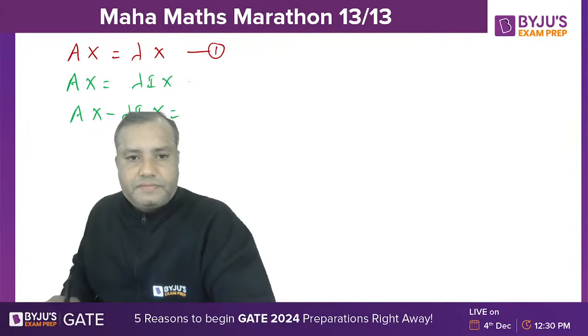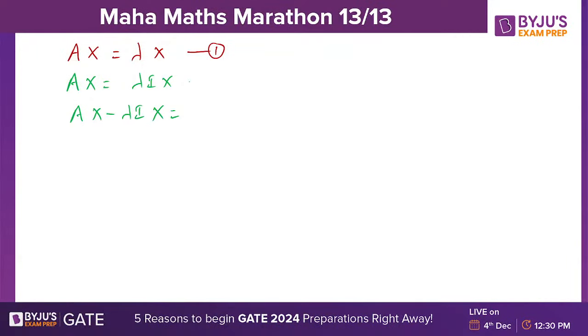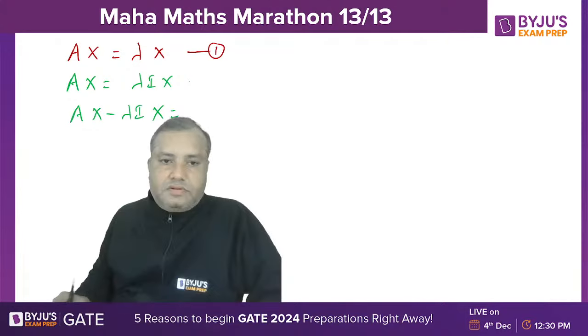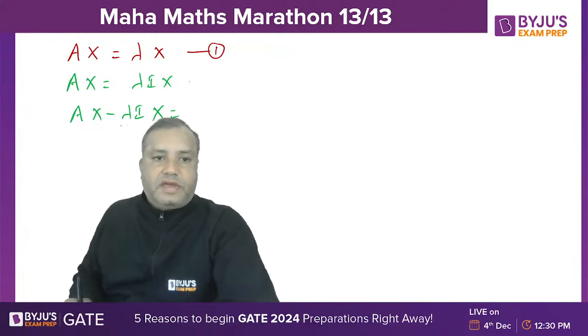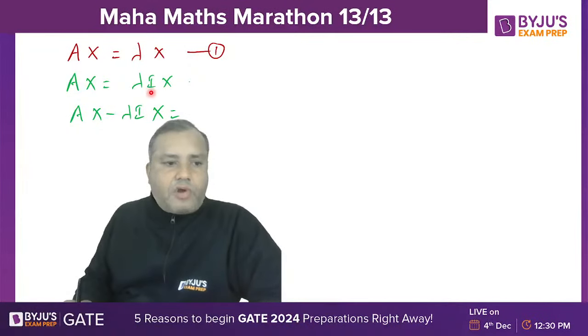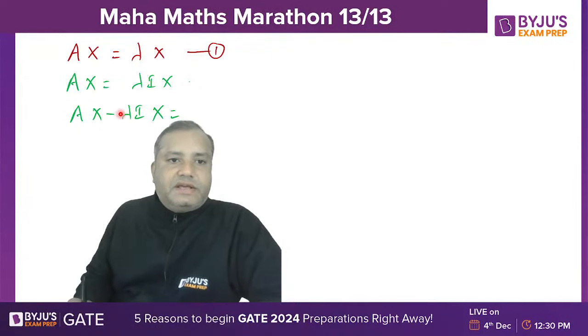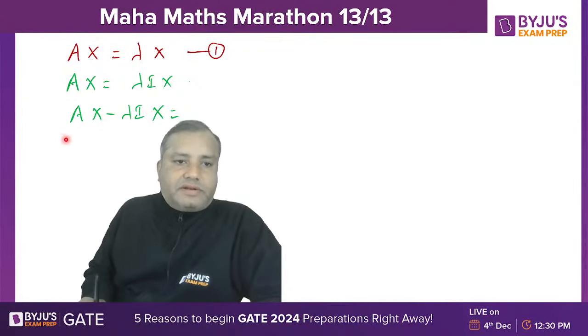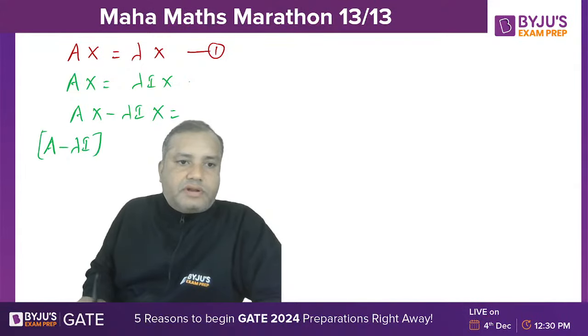Ax minus lambda x, I have brought this term on the left hand side. You can take x common. A minus lambda I, x common. Right hand side is 0.